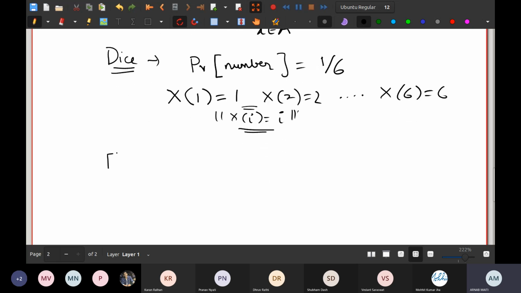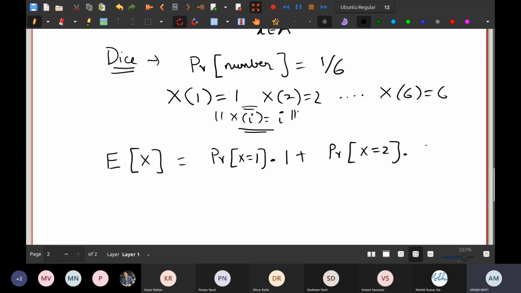The question I'm asking is, what is the expectation of X? This is nothing but probability that X is equal to 1 times 1, plus probability that X is equal to 2 times 2, up to probability that X is equal to 6 times 6.